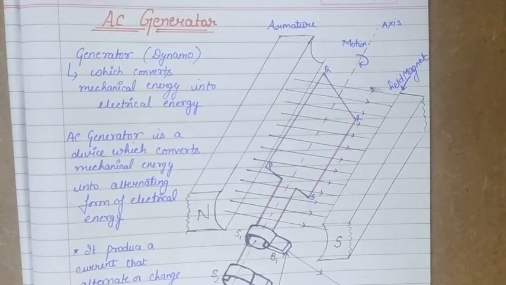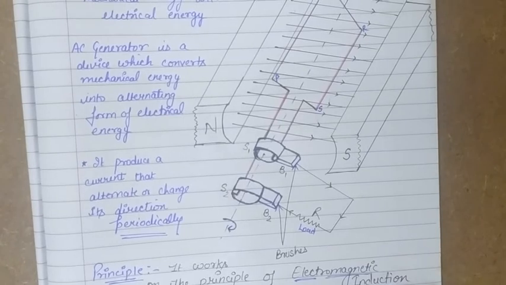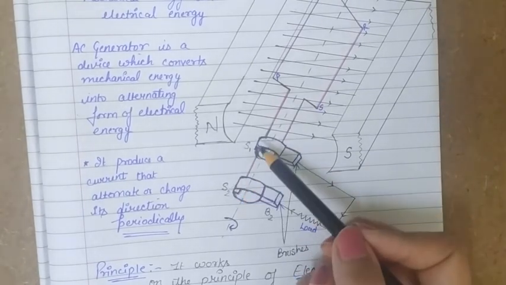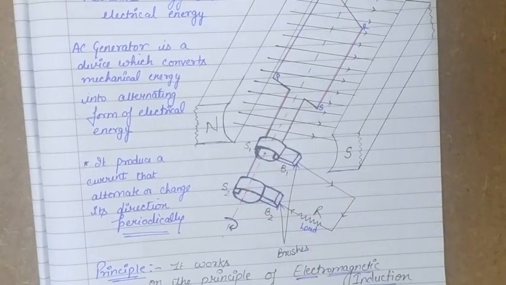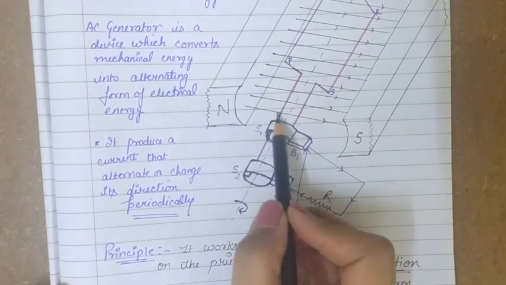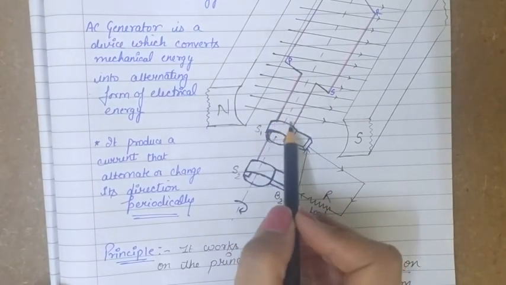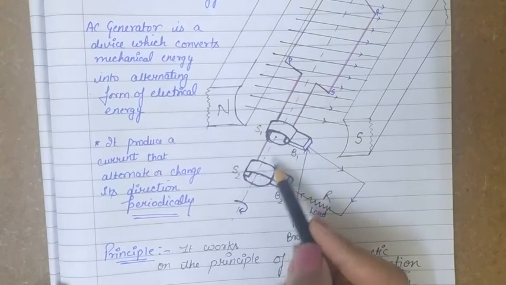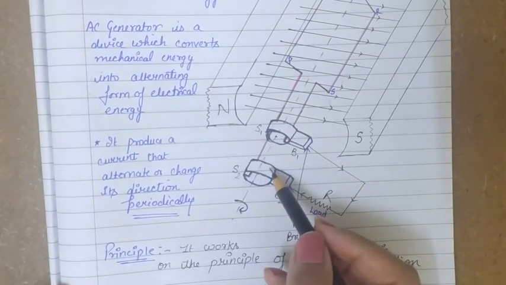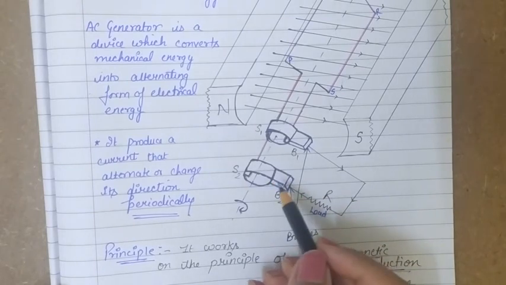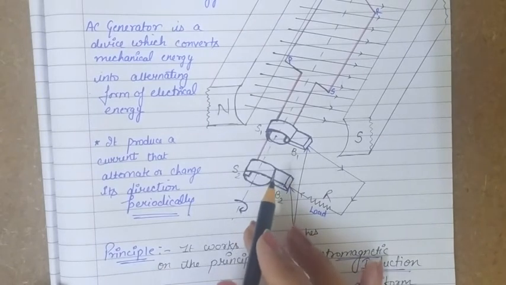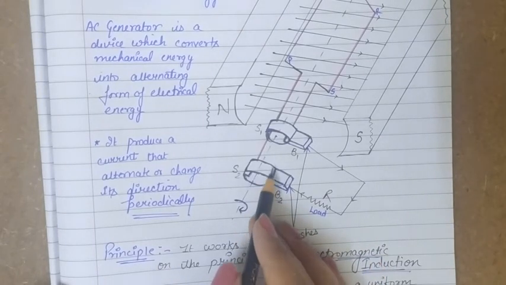Next important part is the slip rings. So here we are using two slip rings, S1 and S2, at the ends of the armature coil. The two ends of the armature coil are connected to two coaxial, that is with the same axis, brass rings that are known as slip rings, and these rings are fixed to the same shaft or turbine which is used to rotate the coil.